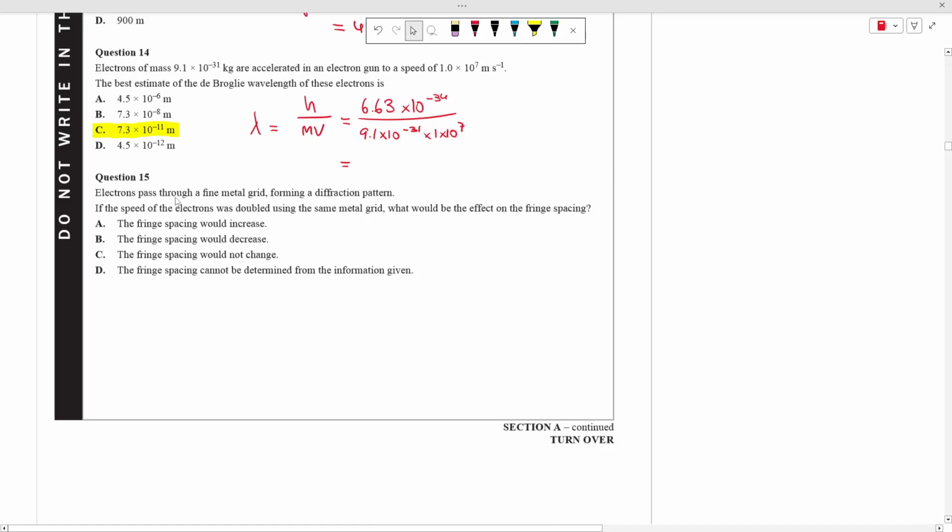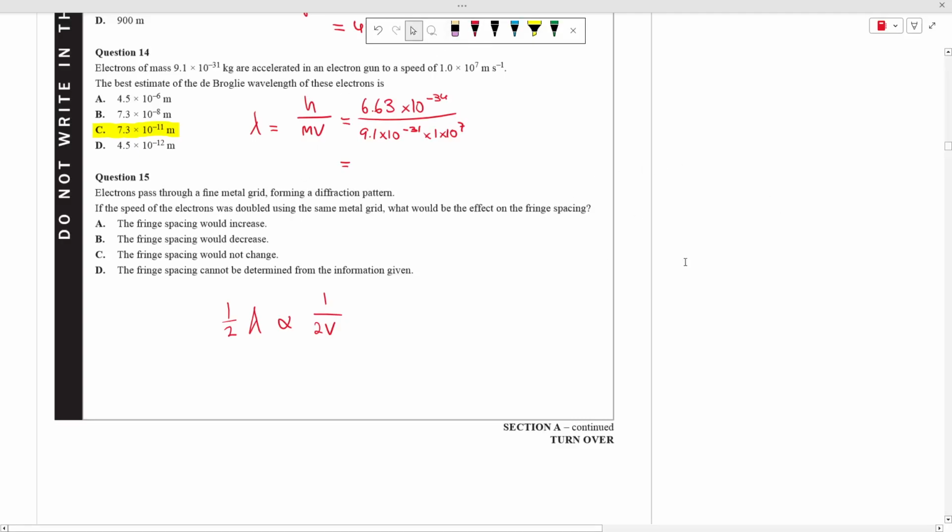Question 15. Electrons pass through a fine metal grid forming a diffraction pattern. If the speed of the electrons was doubled using the same metal grid, what would be the effect on the fringe spacing? Okay, well, according to the equation we just wrote down, wavelength is, I'll say, proportional to 1 over v, and so if the speed was doubled, then overall the wavelength halves.